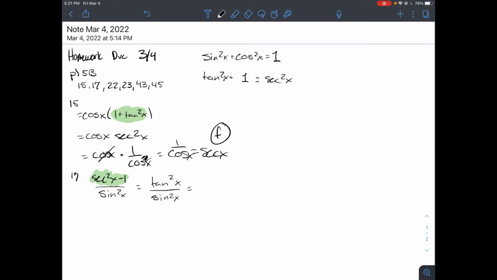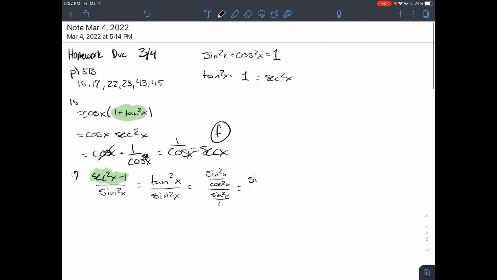If I take this and go sine squared of x over cosine squared of x over sine squared of x over 1. I like putting this bottom part over 1 just to help me think about it. Because then when you're multiplying by the reciprocal, you have two things on your left side and two things on your right. So sine squared of x over cosine squared of x times the reciprocal of 1.